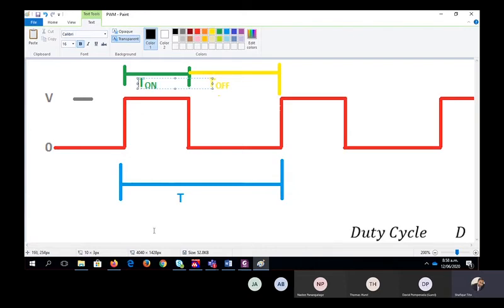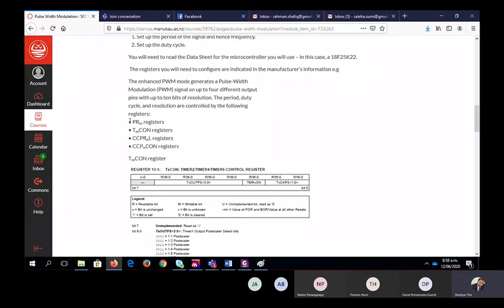And these two parameters are given in 4 registers. We need to use these 4 registers to set these two parameters. The first two are related to the period of this signal. One is called the period register, another is called the TCON register. Now these two should be related. If you use timer 1, then your period register should be PR1.